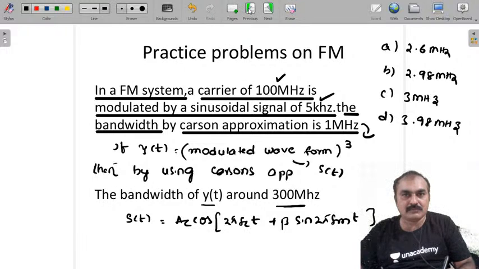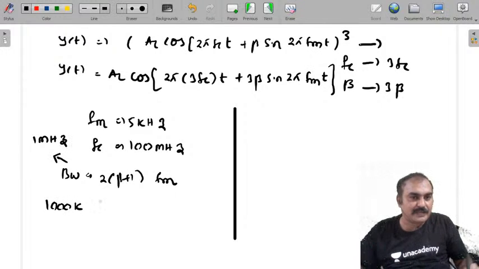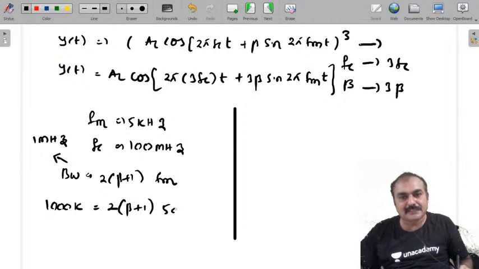Now the bandwidth as per this, how much he has given? 1 megahertz. Therefore 1 megahertz is 1000 kilohertz, which is equal to 2 into (beta plus 1) into Fm, and Fm is 5k. The k and k get cancelled out.